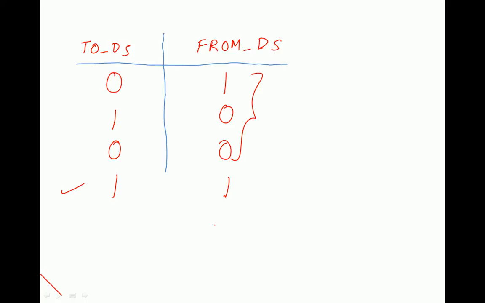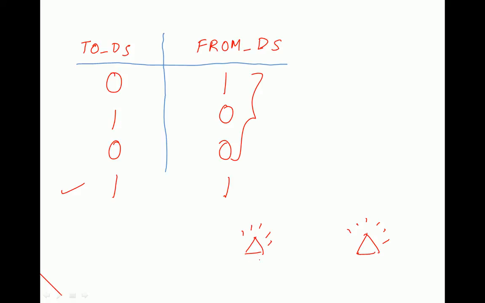You got it correct. This would be a special case in case of something known as wireless distribution systems, and an example for that is a wireless bridge. What a wireless bridge is, it's nothing but a device, or let's say it's just an access point. We have two access points configured in bridge mode.